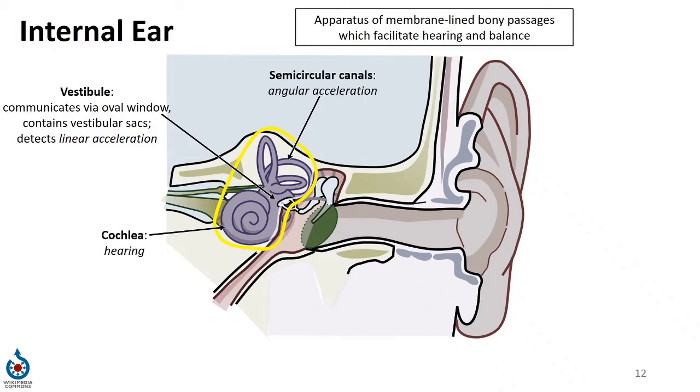So think of your head being in different positions rather than straight up and down. The vestibule is this opening, this entrance into both the semicircular canals and the cochlea, and it contains vestibular sacs that detect linear acceleration. So here you can think about the feeling of going forward in a car or going up and down in an elevator.